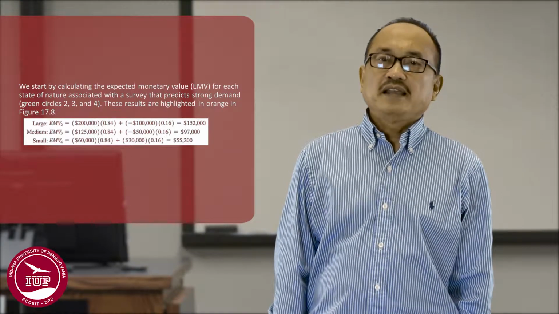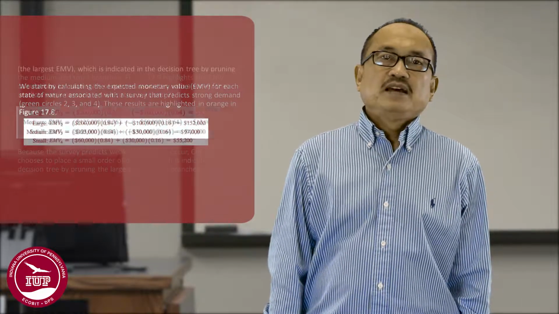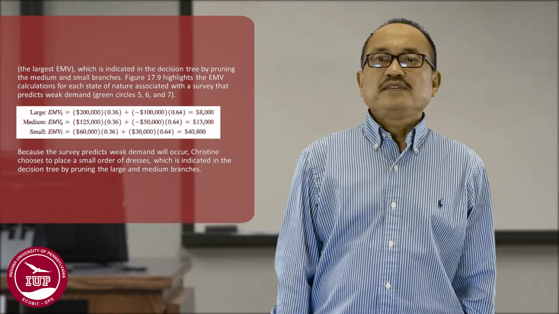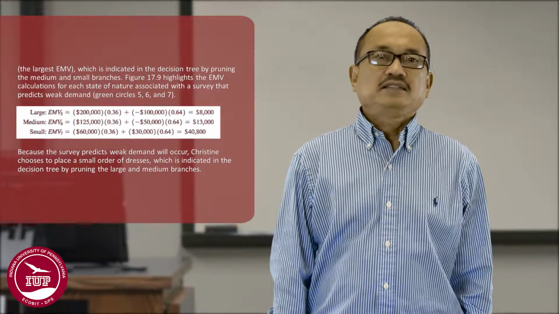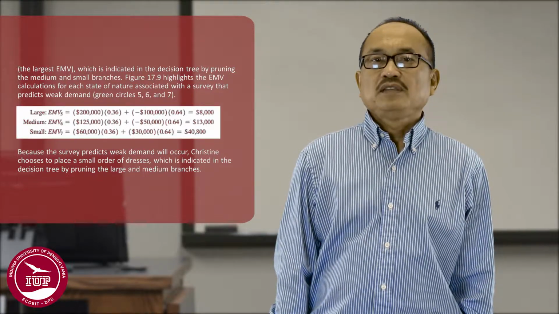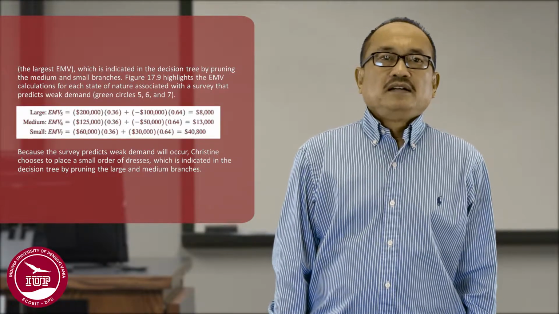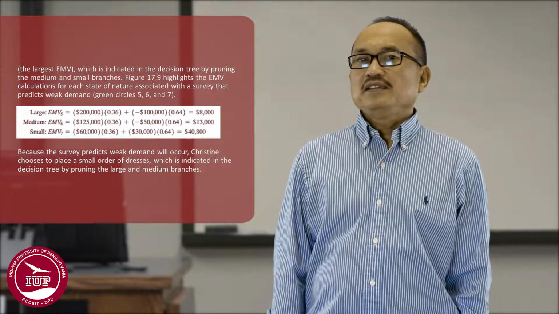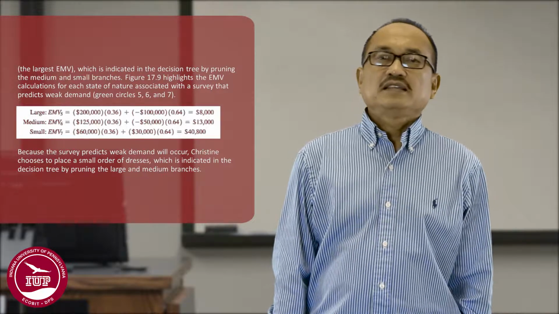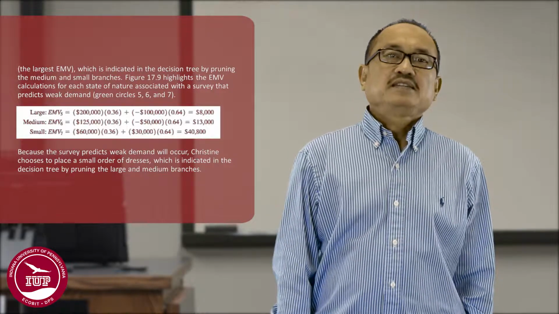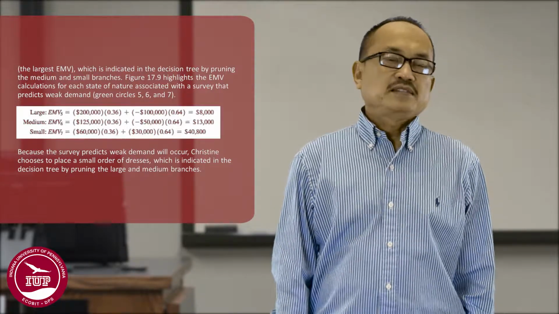These results are highlighted in orange in figure 17.8. Large equal to $152,000, medium equal to $97,000, and small equal to $55,000. For this scenario, Christine chooses to place a large order of dresses for the large EMV, which is indicated in the decision tree by pruning the medium and small branches.